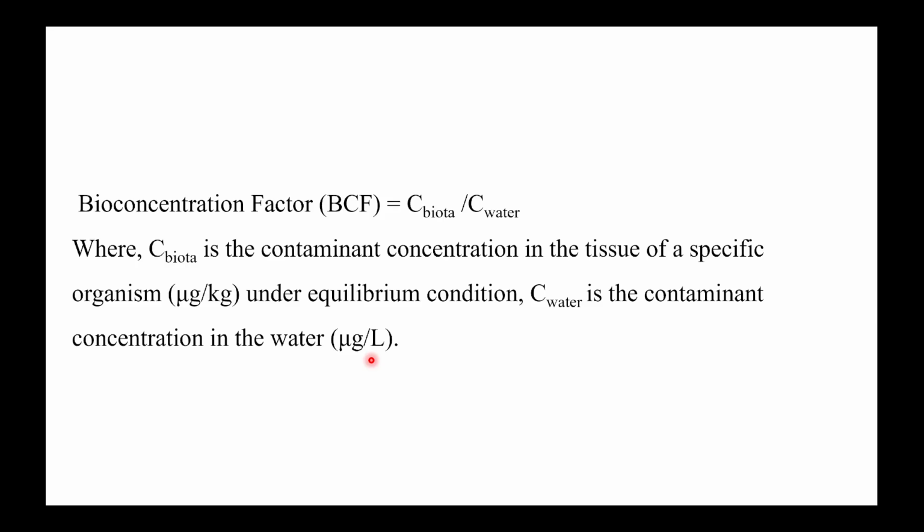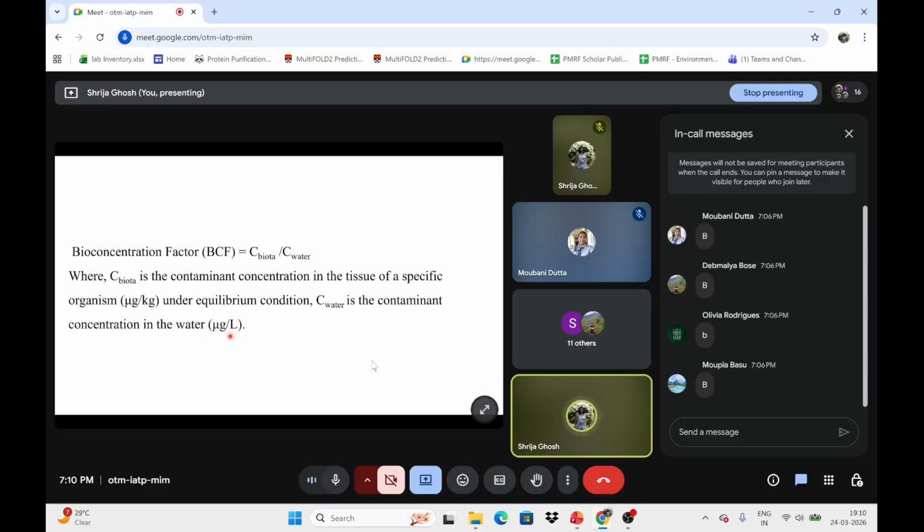So we compare the contaminant's concentration in tissue with the concentration of that contaminant present in water. If it is very high in the living tissue as compared to water, obviously it's a problematic situation. Okay, I think this was straightforward. Anybody has any doubt in this?